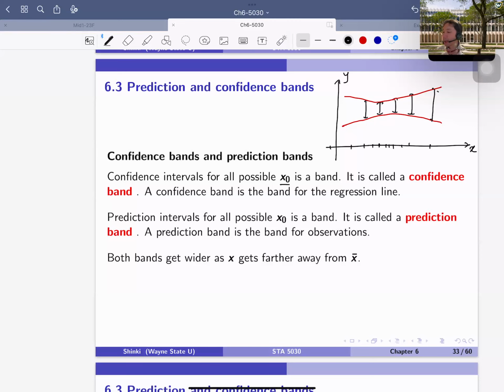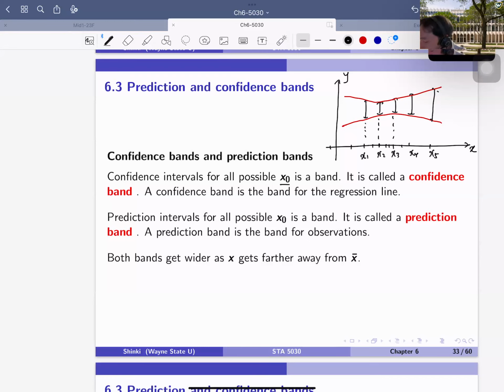And the prediction band is the same thing: the prediction interval for each possible x naught. Often in practice, we make the confidence band and the prediction band based on our observations x1, x2, x3, and so on.